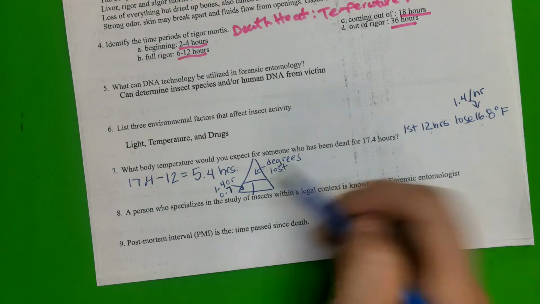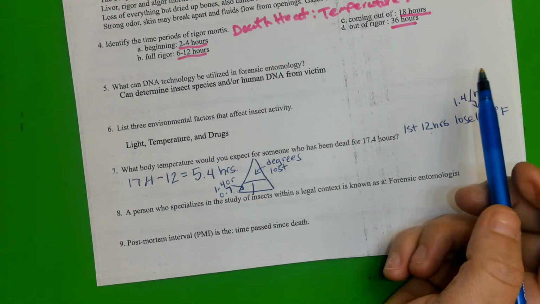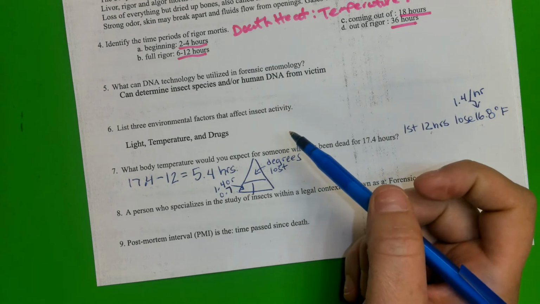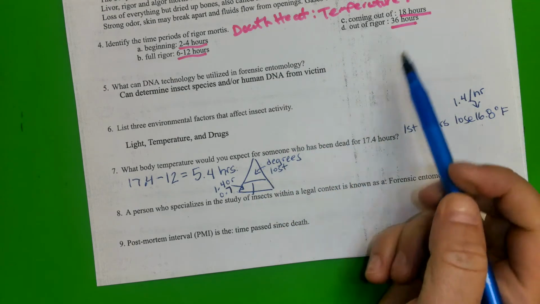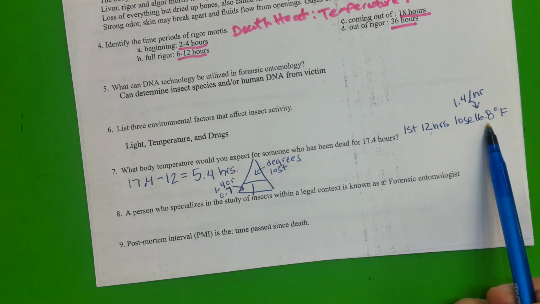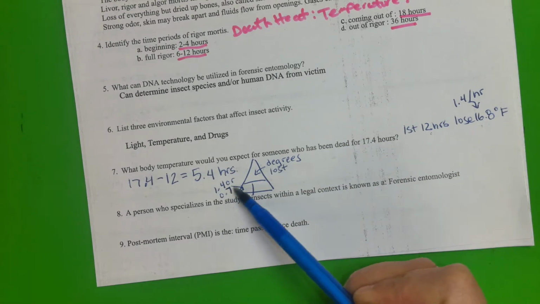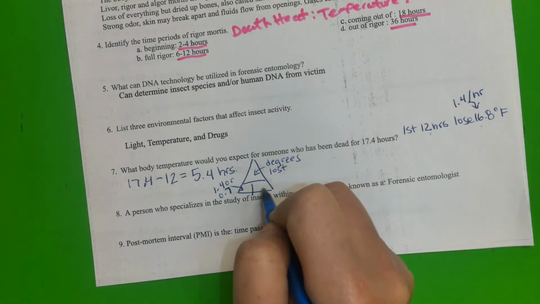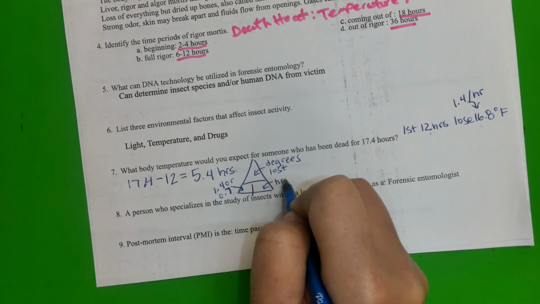It really varies, so we'll determine that in a little bit. But since we already used the 1.4 here, which is the 16.8, we're going to have to use 0.7 on this one. And this is the time, the hours.